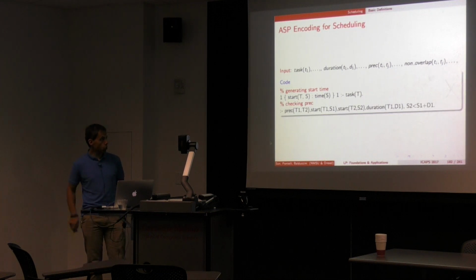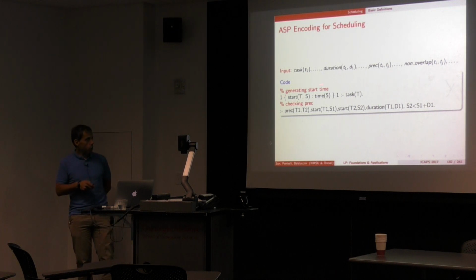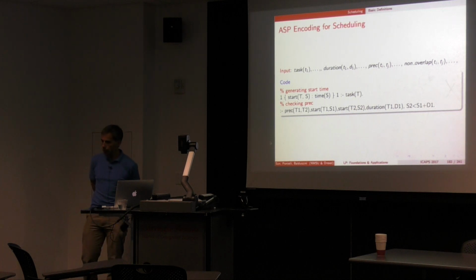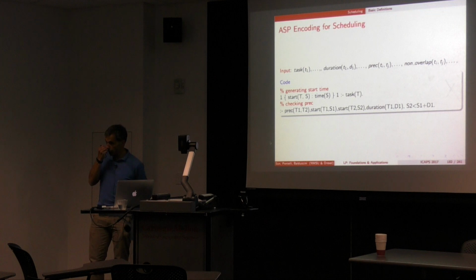Next, this is a generate and test approach, by the way. Enrico was talking about it earlier, I believe. So the generate part is here. We generate possible start times. And then we start checking if these start times satisfy the constraints. So first we check for which tasks need to precede which other tasks.